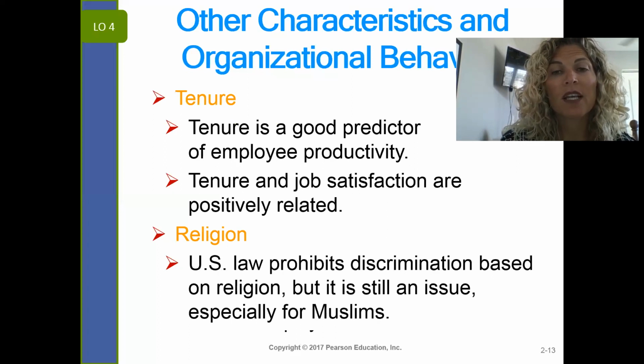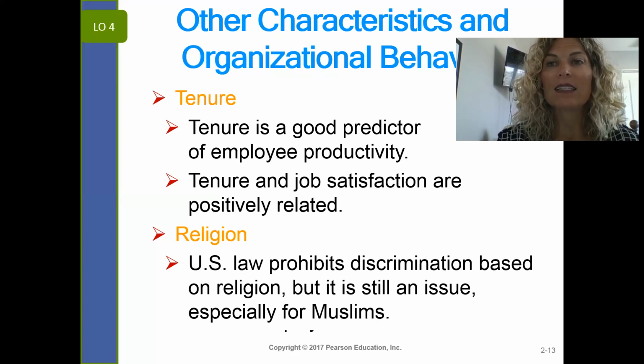Religion, on the other hand, is something that I cannot discriminate against, and this is something that I need to accommodate, similar to a disability. So different religious preferences or practices are something that an organization needs to accommodate and talk to the employee about, and see how they can help support those religious practices.